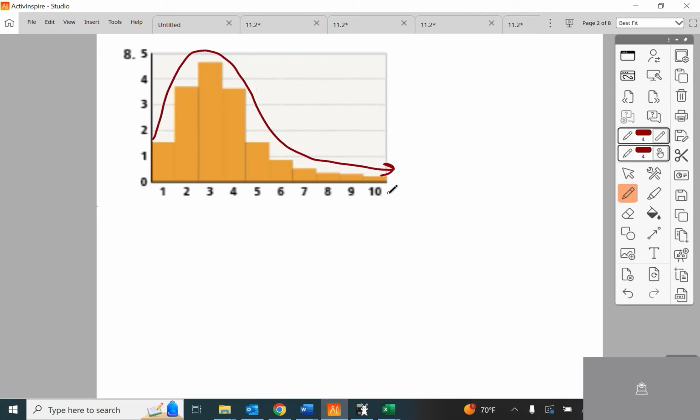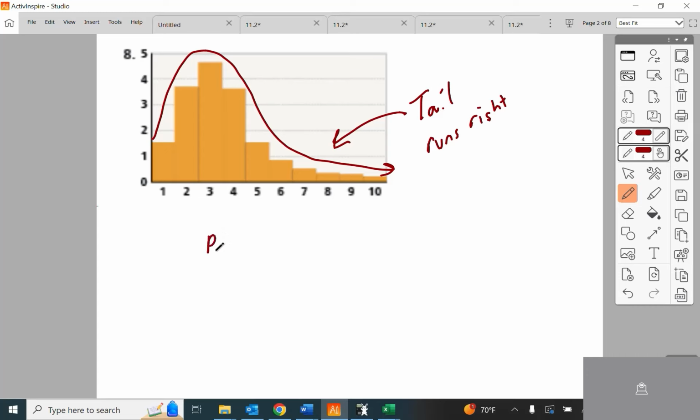It looks like that. Now notice the tail runs right.